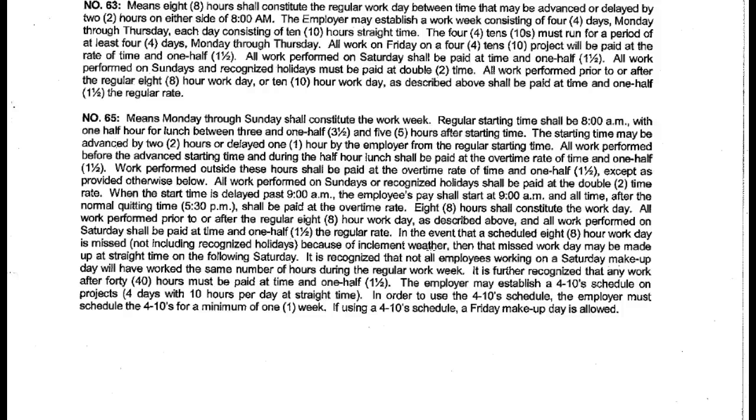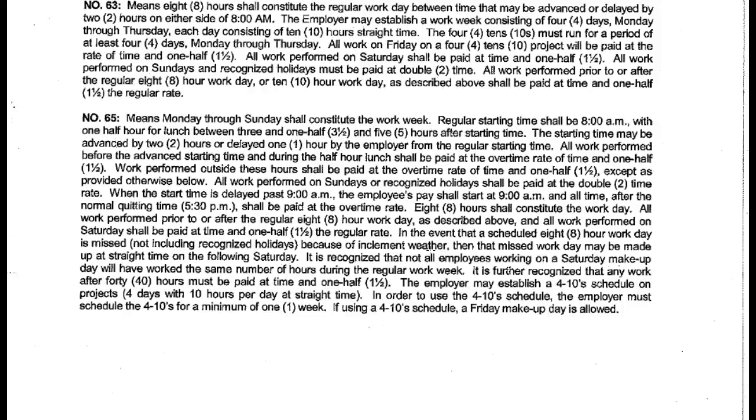A new work week starts then at midnight. It tells you regular starting time at 8 o'clock, half-hour lunch, and between 3.5 and 5 hours after starting time. Okay, and you can advance the starting time by 2 hours or delay it by an hour from the regular. So you've got some variations.